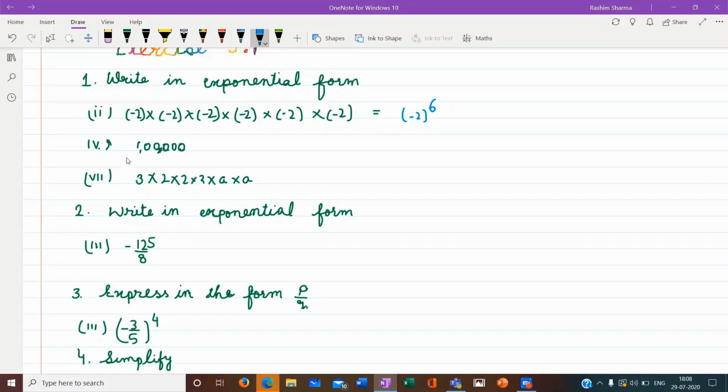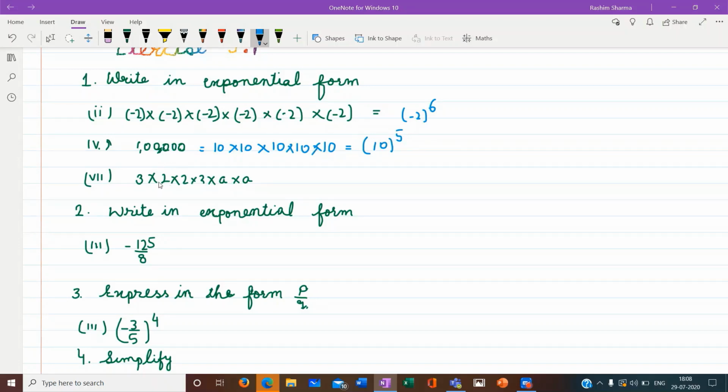Now we are given the number 1 lakh. 1 lakh has 5 zeros. So we can write it as 10 into 10, 5 times. When we multiply 10 five times we get 1 lakh. So it can be written as 10 raised to power 5.